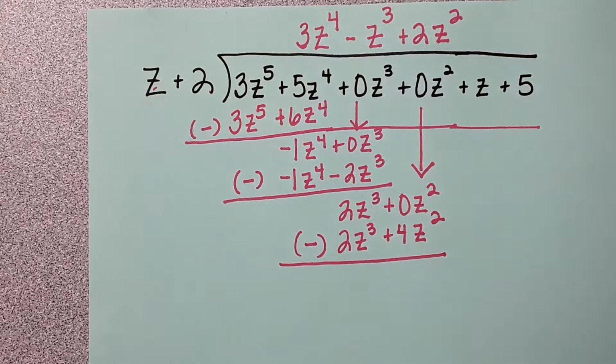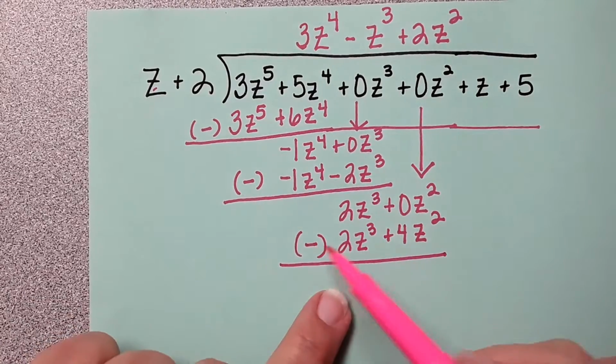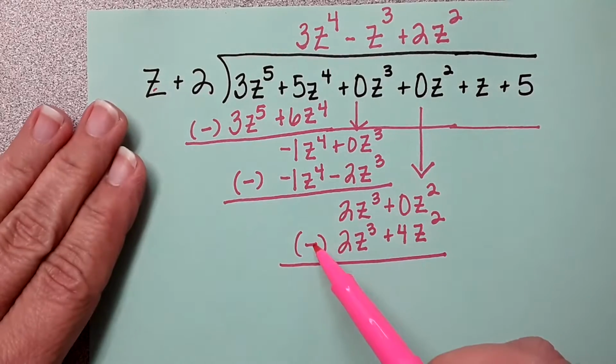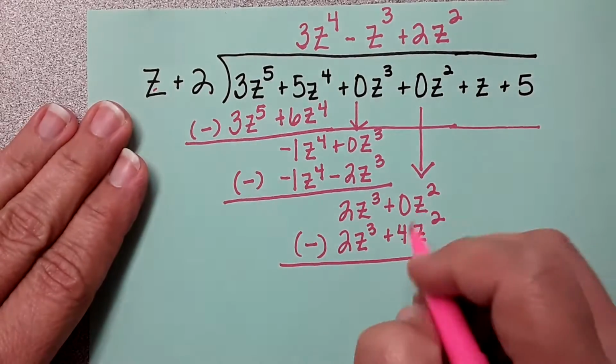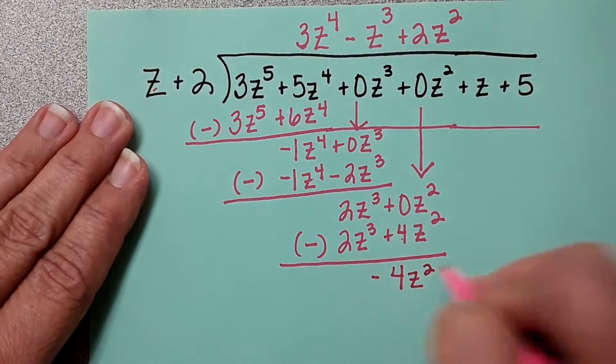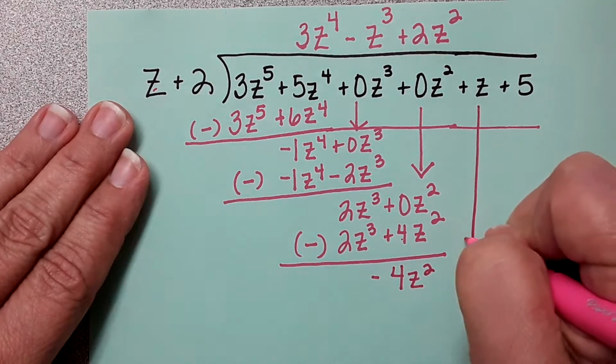And now we're going to subtract. 2 minus 2 is 0, so that's good. 0 minus 4 is negative 4z squared. I'm going to bring down the z.